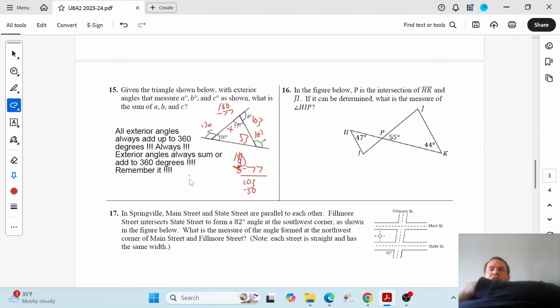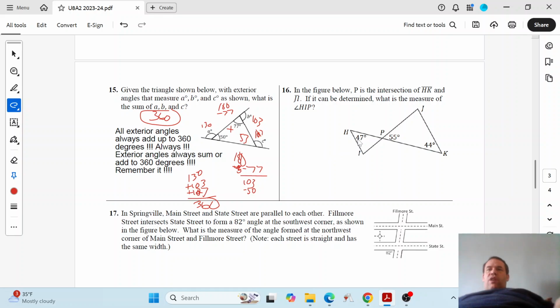And if you add all three of those together, 130 plus 103 plus 127. Whoops, so that's supposed to be 127. Anyway, so they all add up to 360. And so the sum of A, B, and C should be 360 degrees as their answer. And then you use that in other problems too.